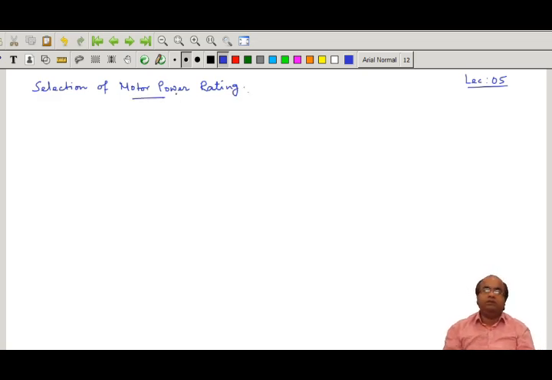Now to select the power rating of the motor, we have to be very careful about selecting the proper rating, so that if the motor is driving a load whose power is higher than the motor rating, the operation may be stopped by the power modulator because of overloading conditions.